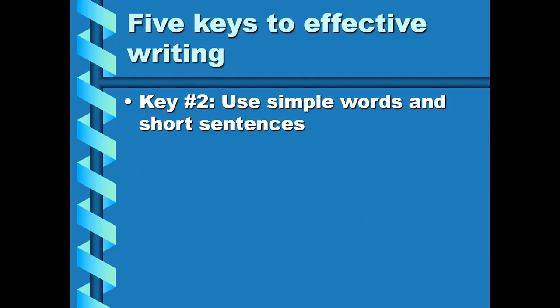Then we're going to continue with our key number two, that is, use simple words in short sentences. Here it is. Sometimes we tend to think that it is better to use very complex words or very complex structures, and it is not true, not in all the cases.